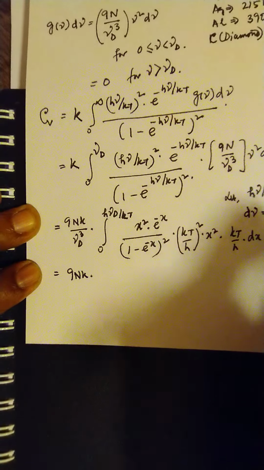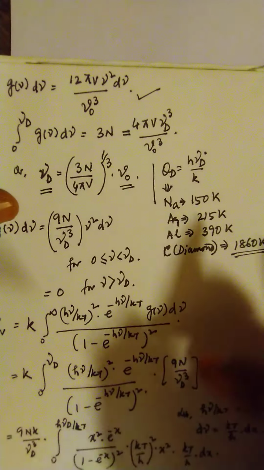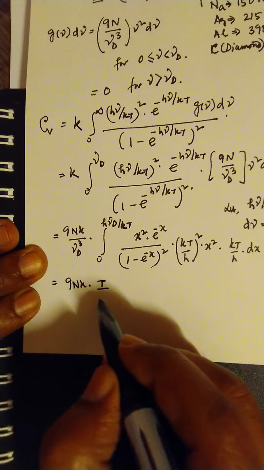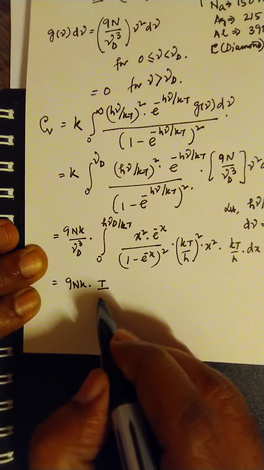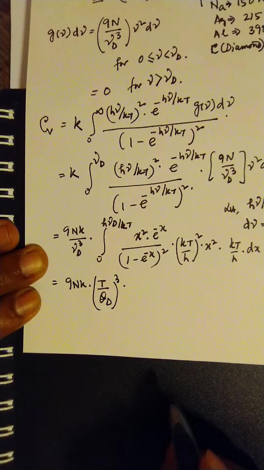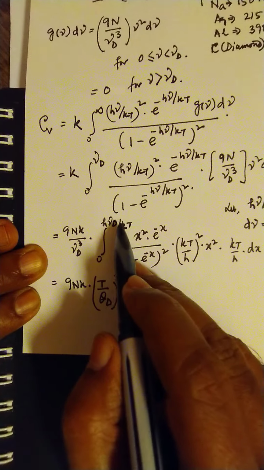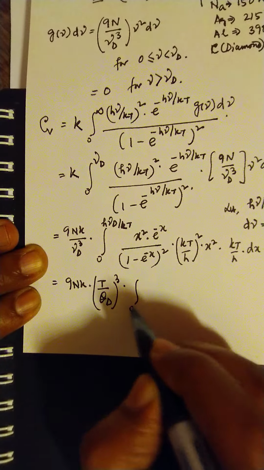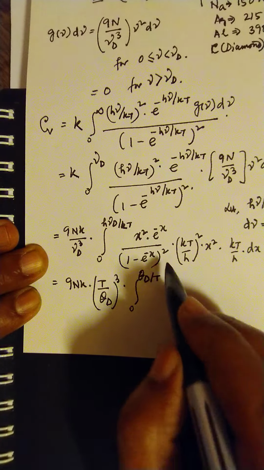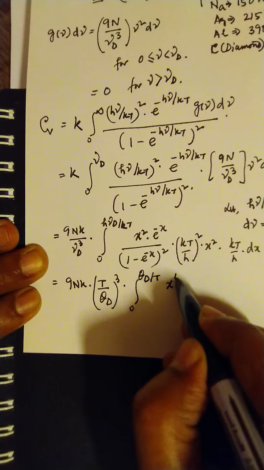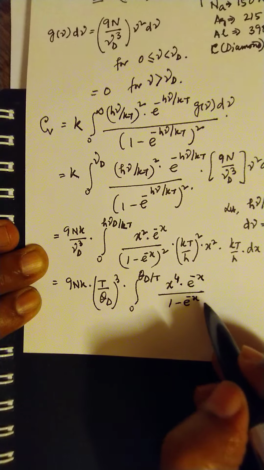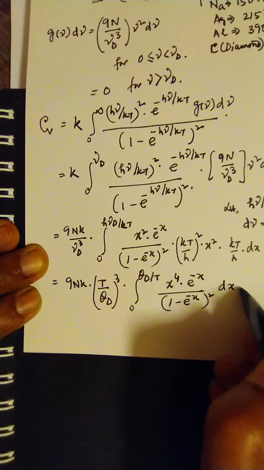And as we said, if you remember that theta_D equals h nu_D by k, that turns out to be (T by theta_D) whole cube, right? That part becomes (T by theta_D) whole cube, and then what remains is the integration from 0 to theta_D by T, where T is the temperature of the system, of x to the power 4 e to the power minus x over (1 minus e to the power minus x) whole square dx.